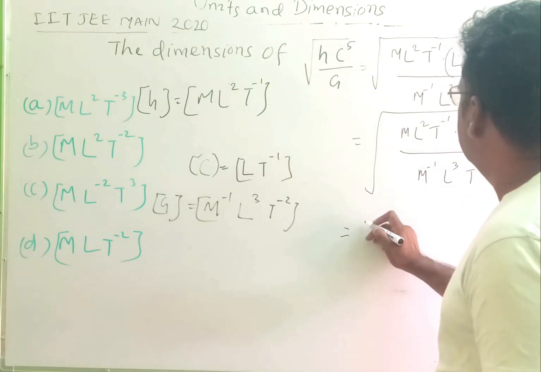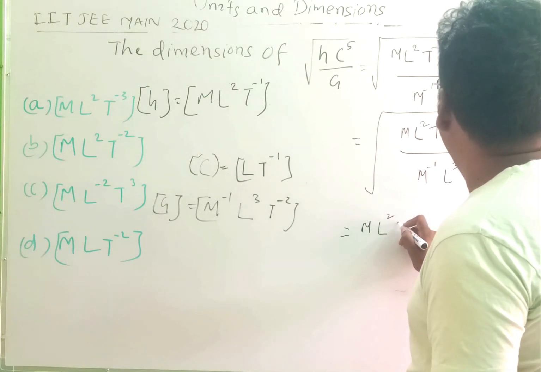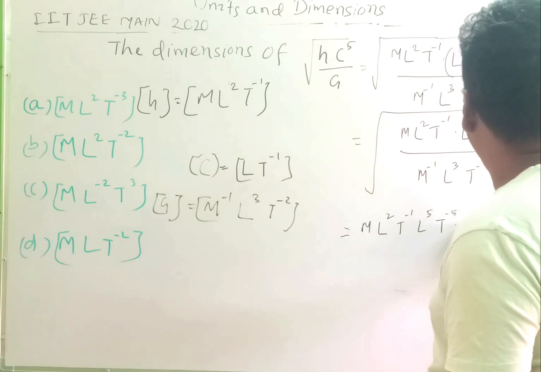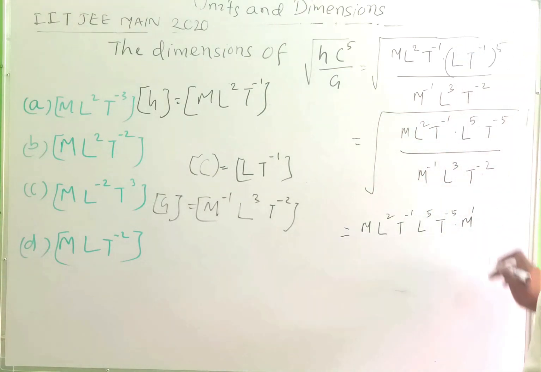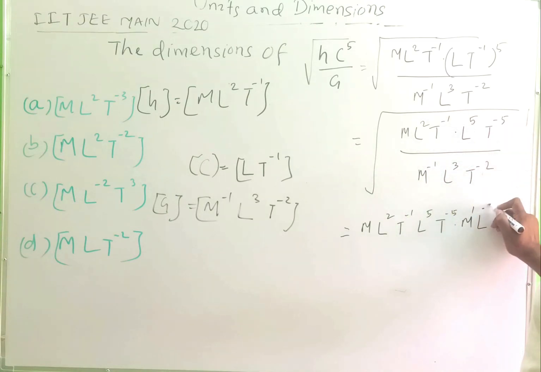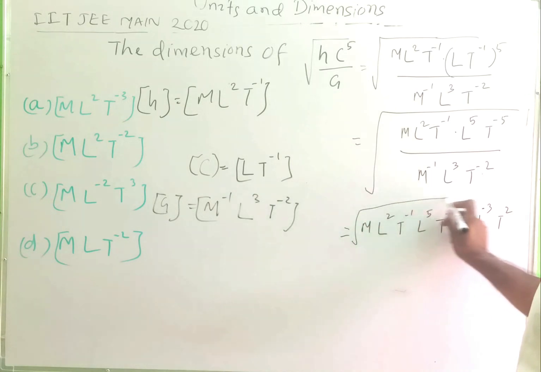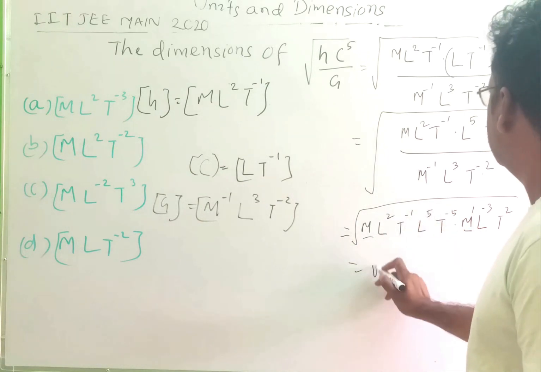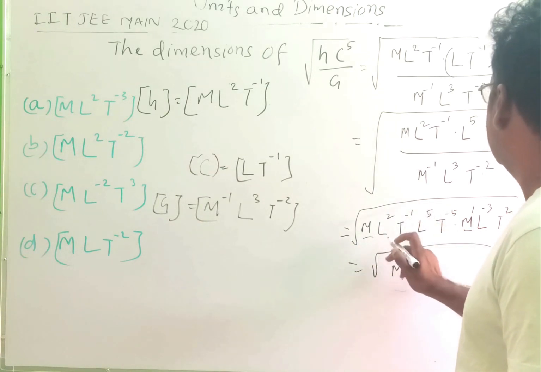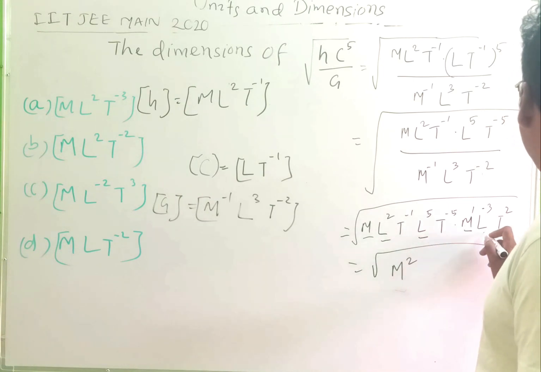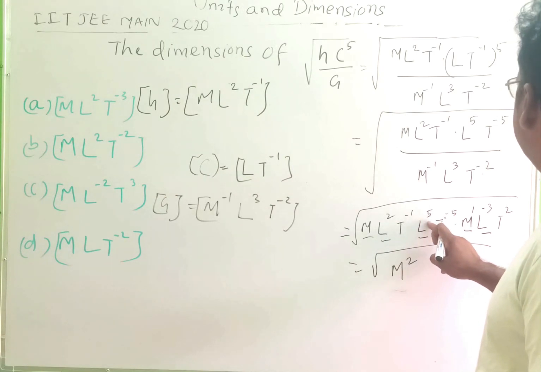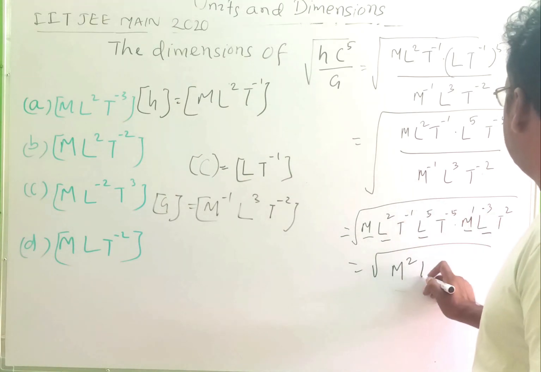So this becomes ML^2 T^-1 L^5 T^-5 into M^-1 goes upside, becomes M^+1, L^3 goes upside, becomes L^-3, T^-2 goes upside, becomes T^2. And we take the square root, there is M here, there is M here, so this becomes M^2. L^2, L^5 and L^-3: 2 plus 5 minus 3 is 4, so L^4.